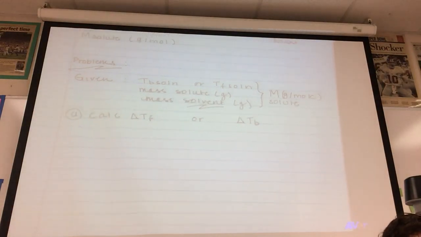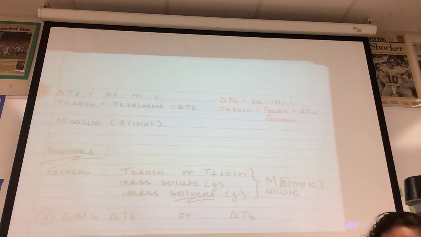However, the way we calculated it previously will not be an option because you don't know what the solute is, so you can't get its molality initially to get its delta TF.